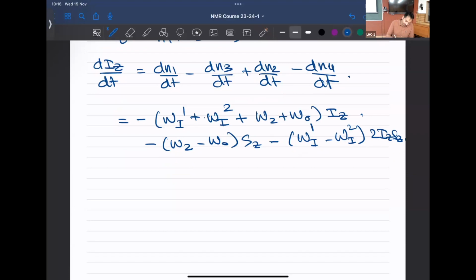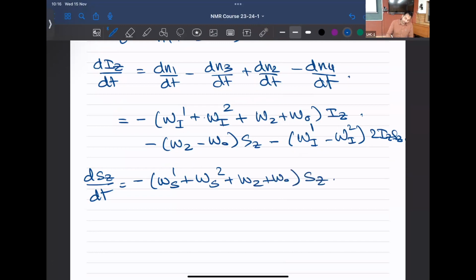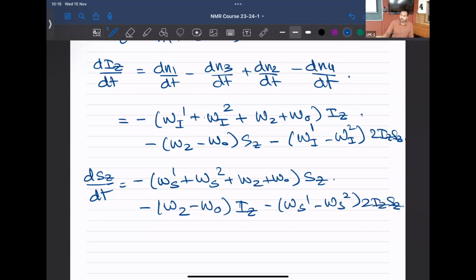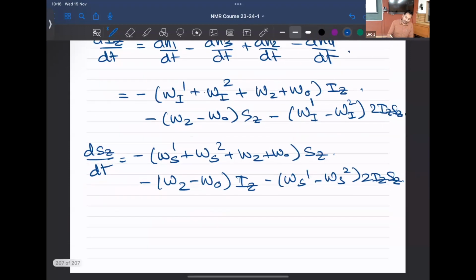Similarly, if I have to write dSz over dt, that's going to be equal to minus (WS1 plus WS2 plus W2 minus W0) Sz minus (W2 minus W0) Iz minus (WS1 minus WS2) 2IzSz. One can write the same thing for 2IzSz as well.